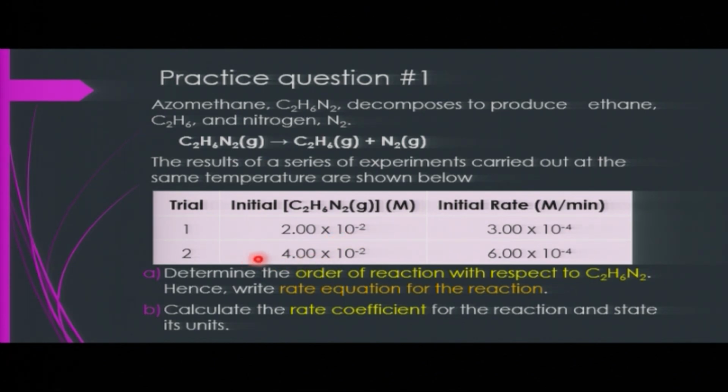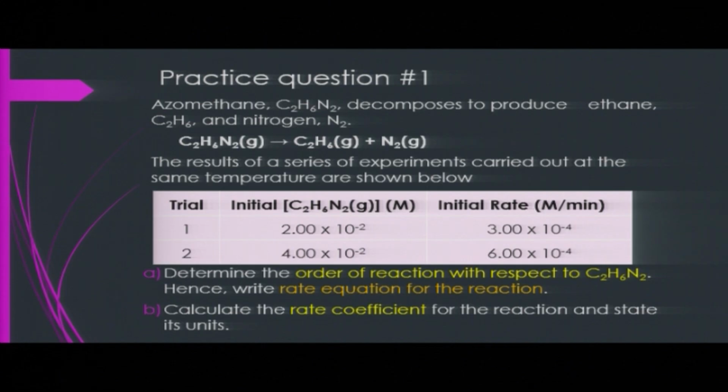They carried out the second experiment with the concentration being doubled. Then they noted the rate also doubled. So our question is, we are to determine the order of reaction with respect to azomethane, then write the rate equation.